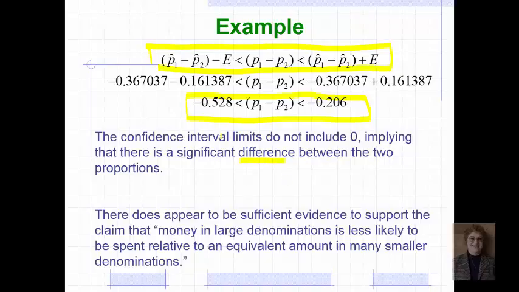And since it's negative, that means that population 2 spent their money more often than population 1. So again, we do get the same conclusion here, that there does appear to be sufficient evidence to support the claim that money in large denominations is less likely to be spent relative to an equivalent amount in many smaller denominations.